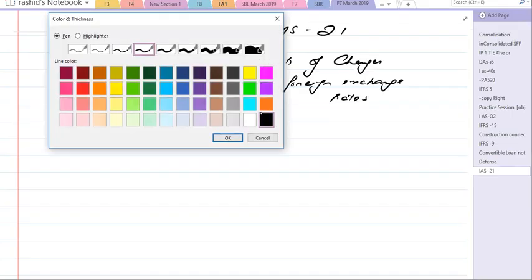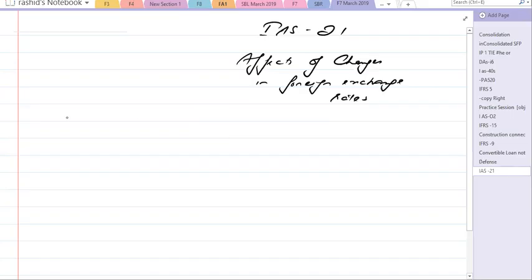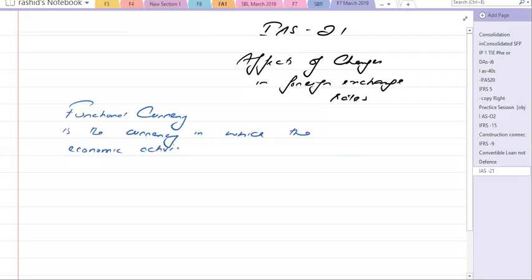So first of all, IAS 21 defines the functional currency. Functional currency is simply the currency in which the economic activities of a company are carried out.